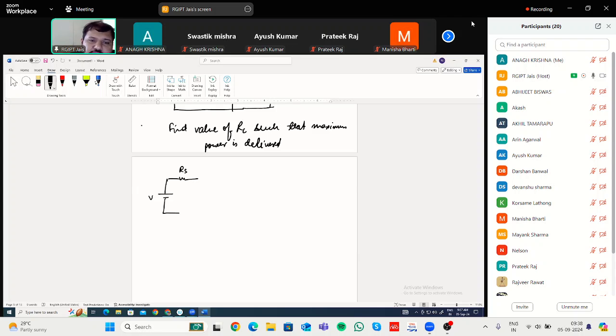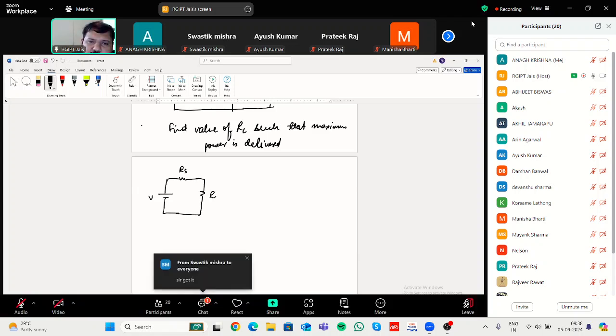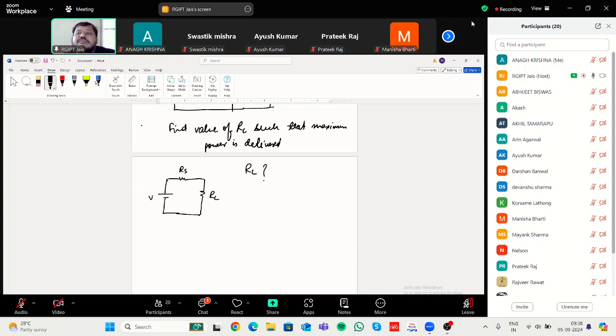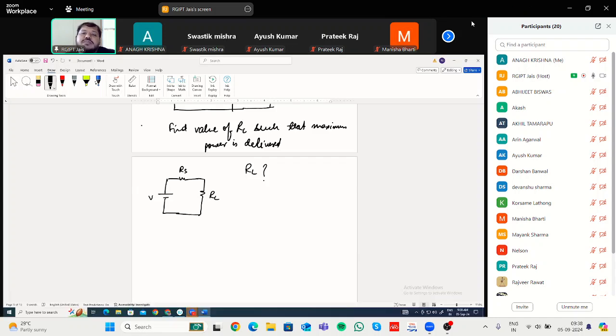So this is voltage V, and you have a load RL. Now the maximum power transfer theorem tells us what the value of RL should be such that maximum power will be delivered at this load RL.